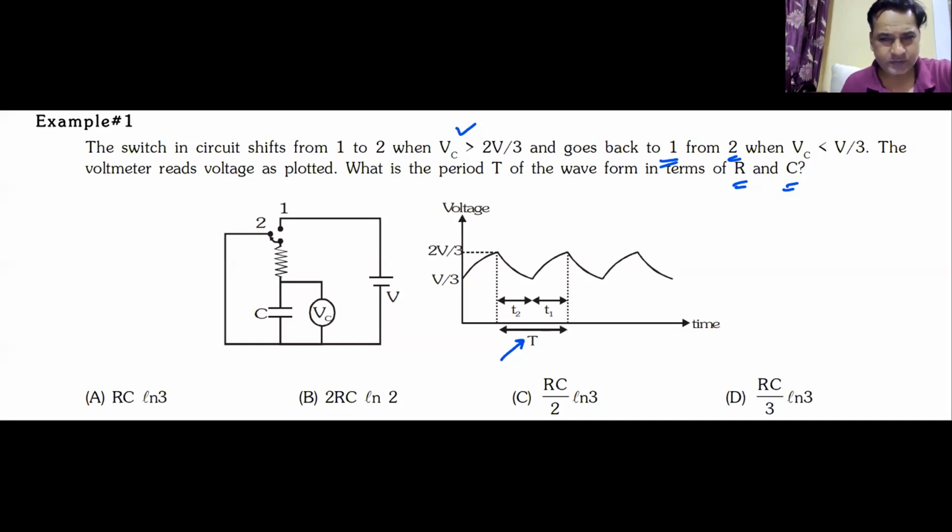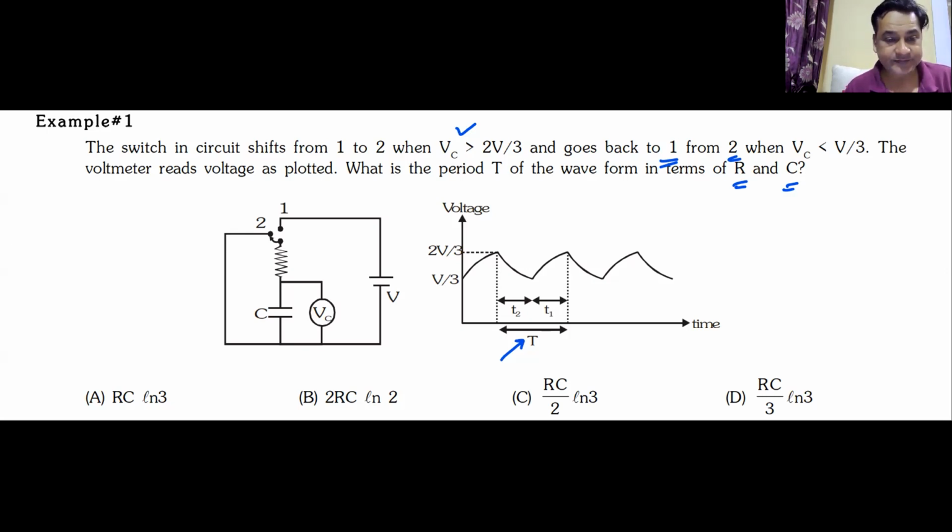Well, I must tell you, the answer probably is not C. How to do this? I think it's pretty straightforward if you understand what is happening and which waveform is drawn. Let me take you there. What is happening in the time T2?